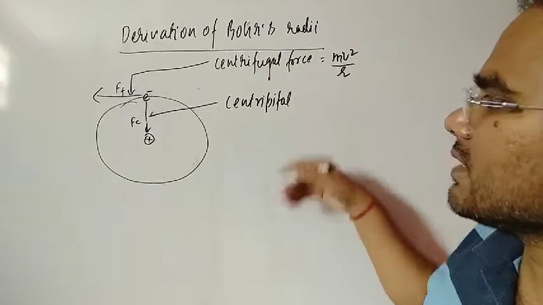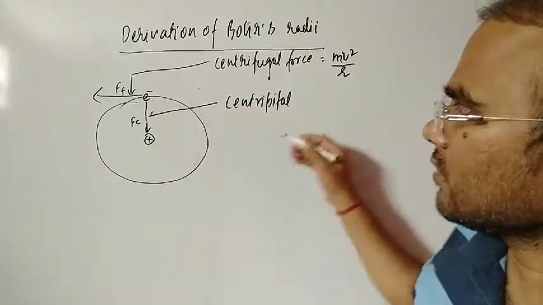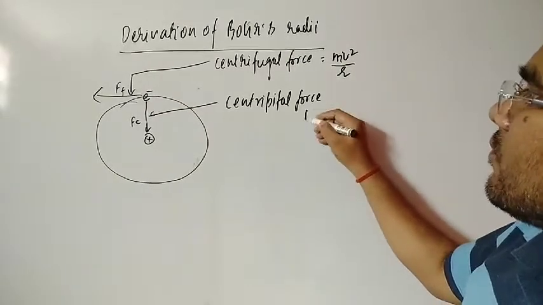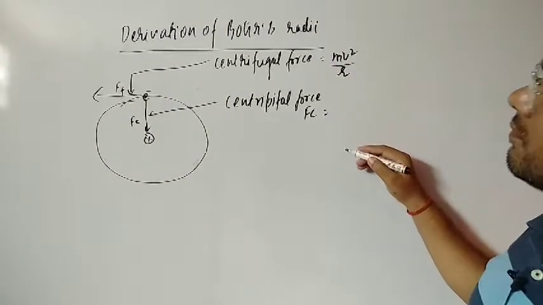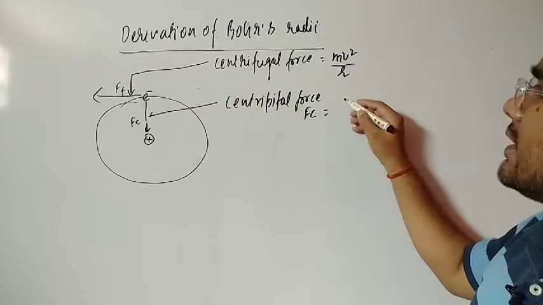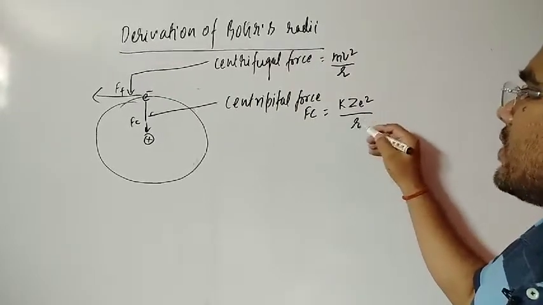The next one is the centripetal force, which is also known as the electrostatic force, because the nucleus is positive and the electron is negative. So Fc is equal to k Ze square upon r square.